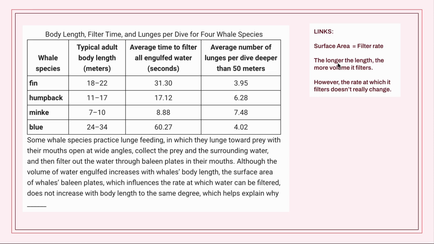If you're longer and you have more water, but the rate at which you're getting rid of that water is the same, the more water you have, the longer it's going to take. And the chart tells us the average time to filter all of the engulfed water, which is what we get if we divide the volume of the water by the rate.